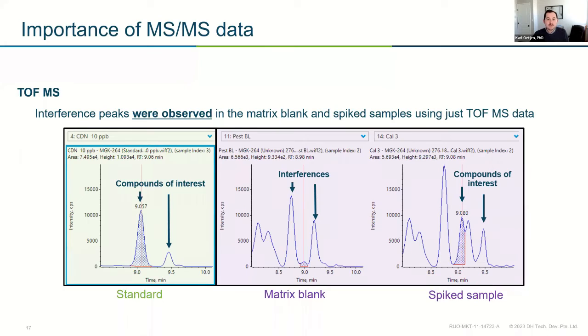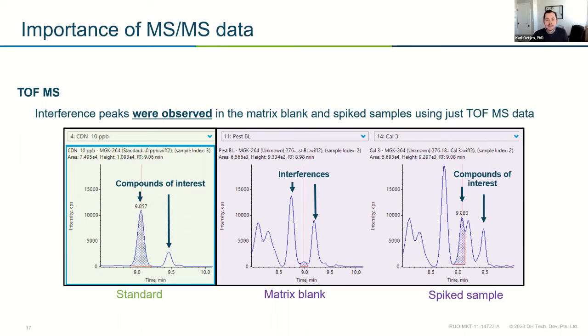And really it's the same reason we use it for nominal mass quantitation, the ability to be more specific and have more confidence. So here I have an example of a pesticide that I was looking for in cannabis. So I had this cannabis that I knew didn't contain this pesticide, and I was doing some method development. So I've got my two compounds of interest here in my standard. They look great. I'm happy with them.